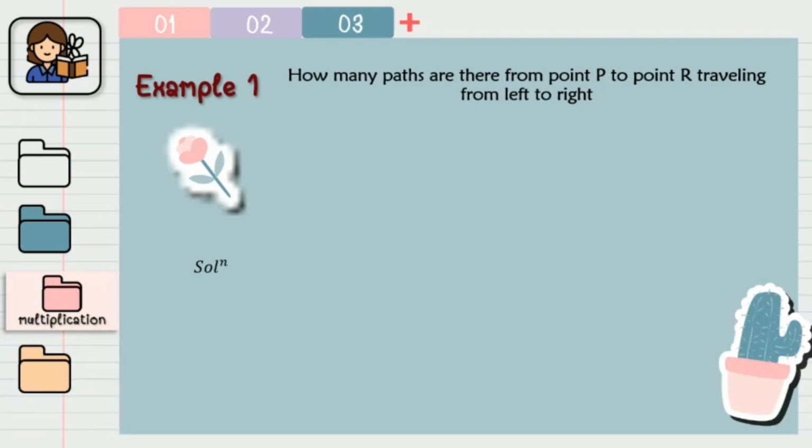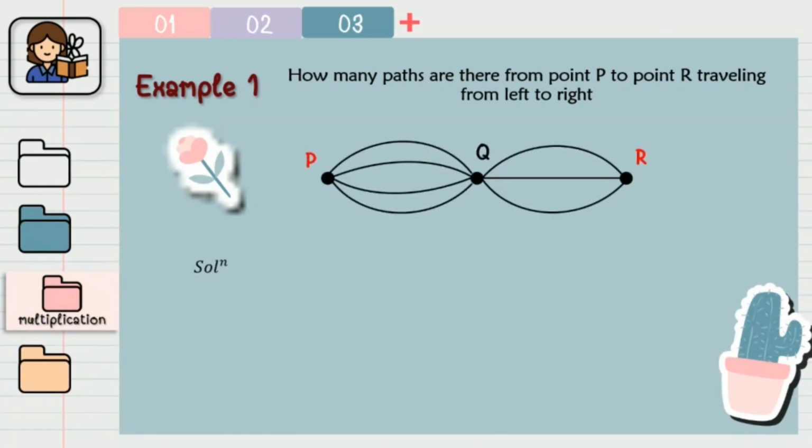Starting at point P, there are 4 ways to get from point P to point Q, and there are 3 ways to get from point Q to point R. From the multiplication principle, we get 4 times 3 is 12.